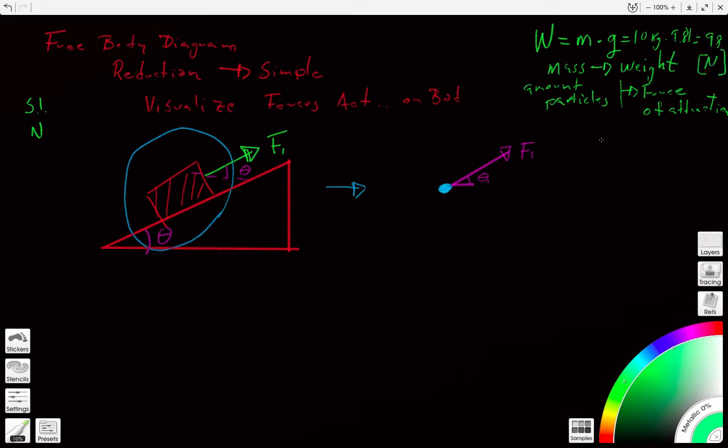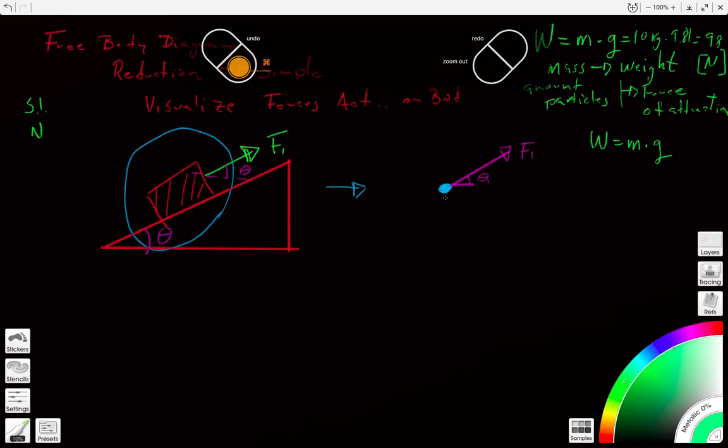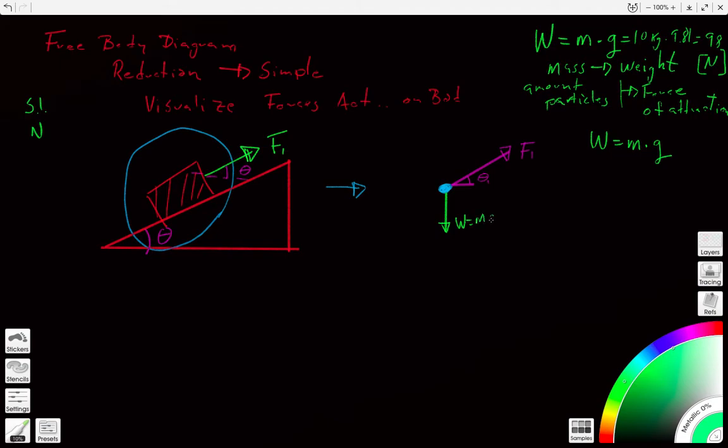Weight is always a vector going towards the center of the planet, so it is another force acting on the object, always going downwards. This is weight, equal to mg.